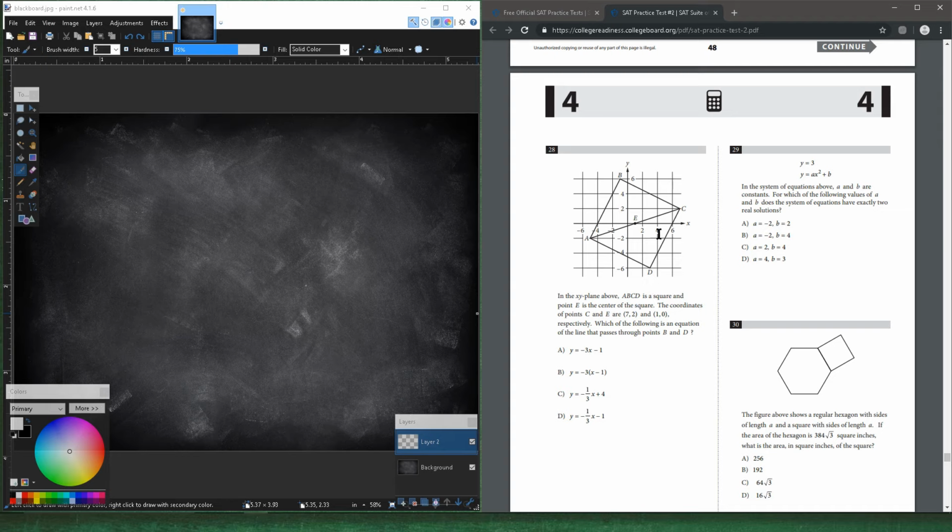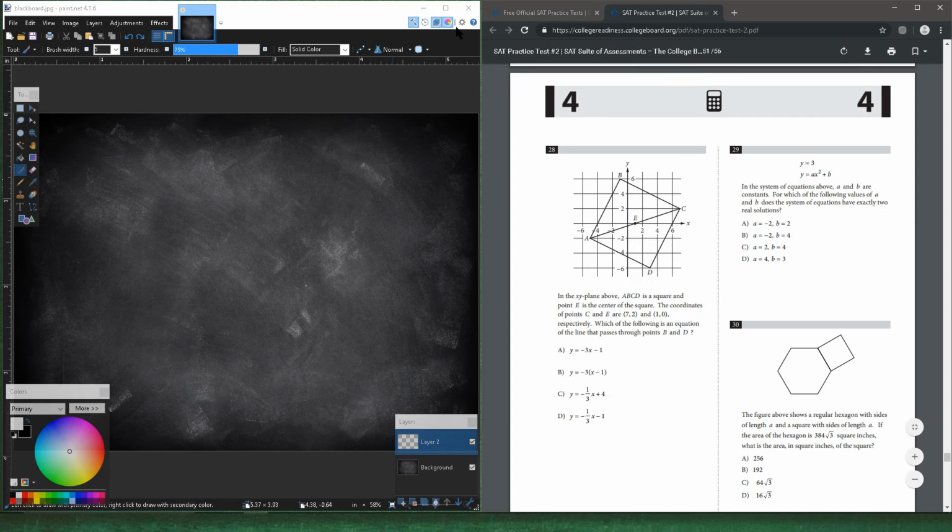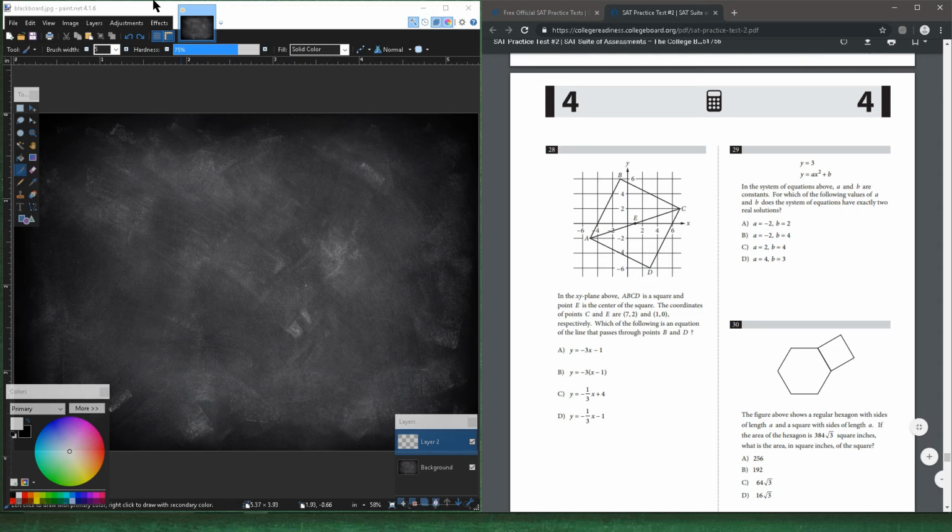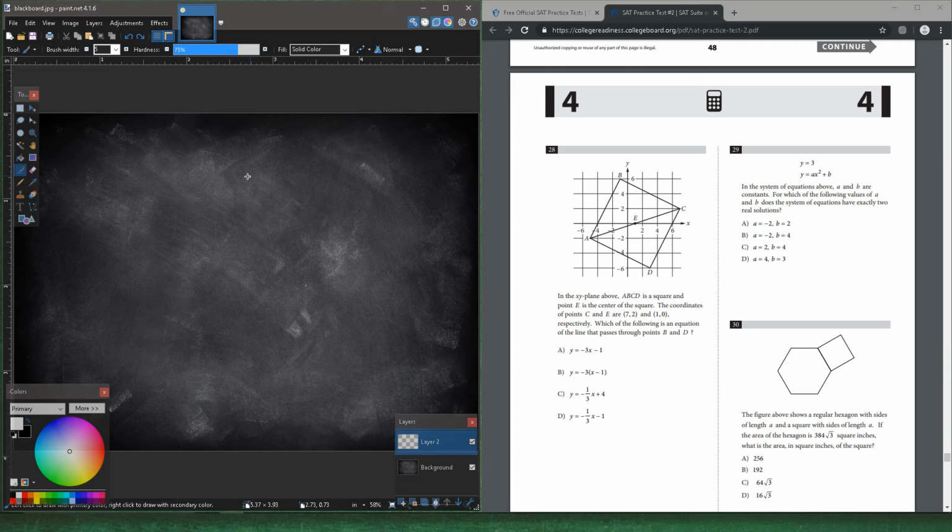So we want to find this line first. So we want to find the slope of CE. So C is 7, 2, and E is 1, 0. So 2 minus 0 is 2, and 7 minus 1 equals 6. So the slope is 1/3.